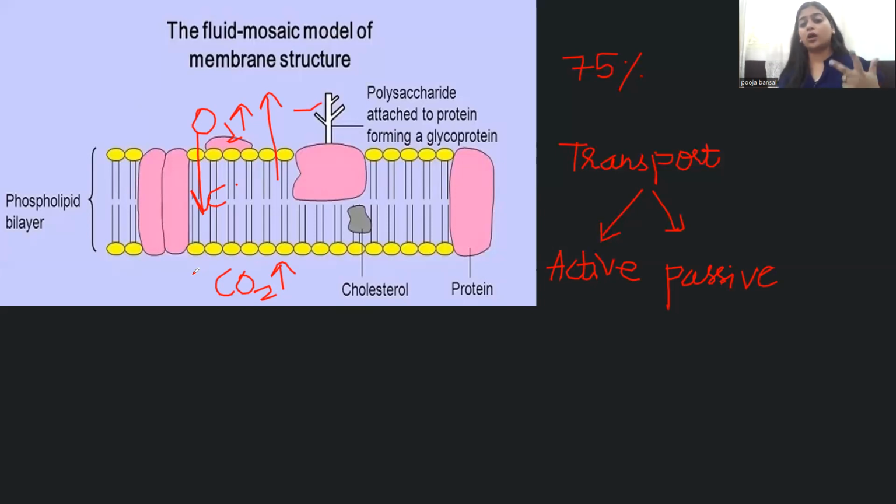So two transports are very important, active transport and passive transport. Now, passive transport can be further classified into two types. First of all, if solute particles are moving, like gases, molecules, salts, amino acids, they all will move by diffusion.